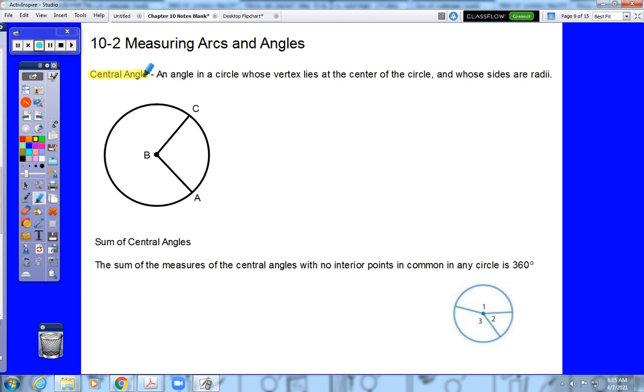Again, that is an angle in a circle whose vertex lies at the center and whose sides are radii. So if we're looking at this picture, angle ABC is a central angle. Okay? So it's worth noting that this central angle does have a measurement, x degrees, whatever that is.